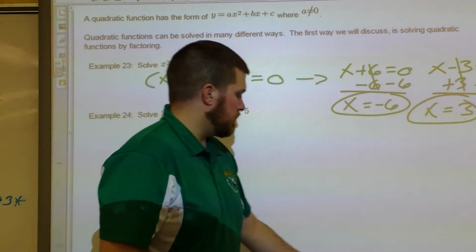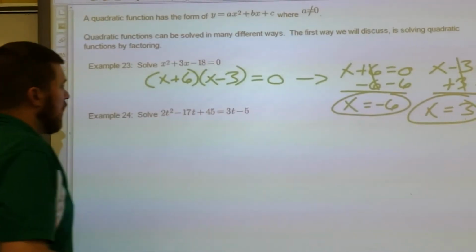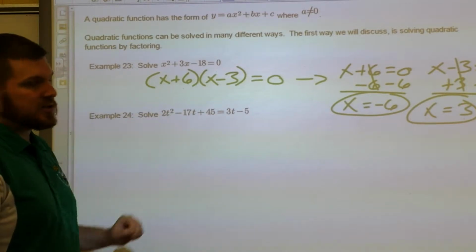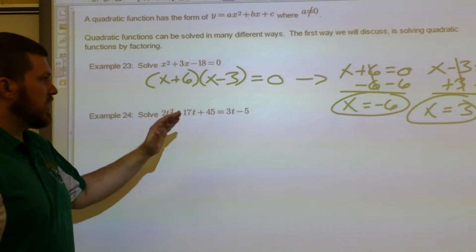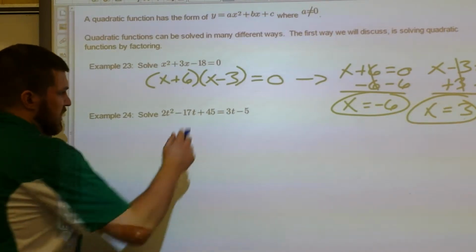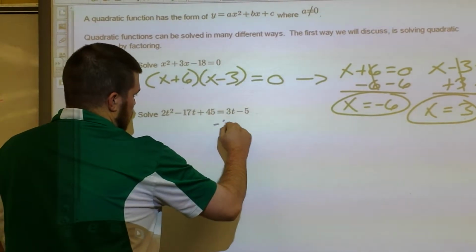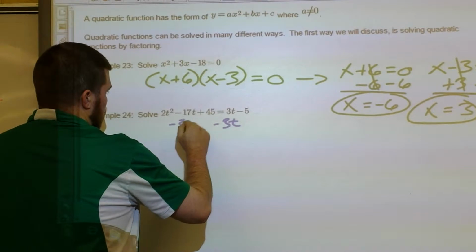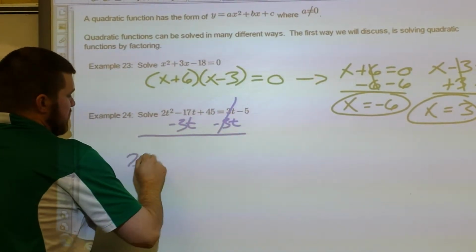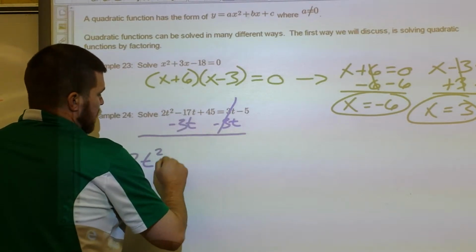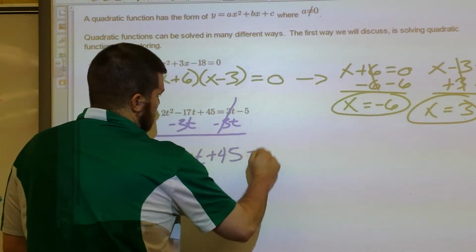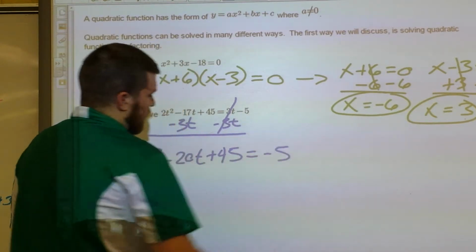Let's try another example. Do this one in blue. Alright, this time I have t's instead of x's. That's not a big deal, I can still factor. What I want to do again, like I just said about the previous problem, is get everything on the same side. So I'm going to take 3t over to the left, so minus 3t on each side. Those cancel out, so 2t squared minus 20t plus 45, and that's still equal to negative 5 that I haven't moved yet.